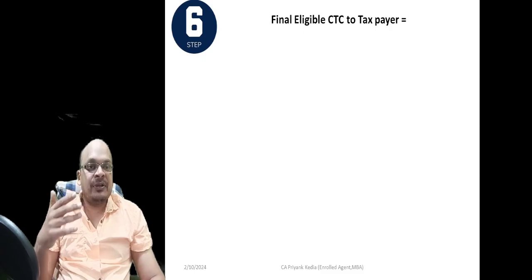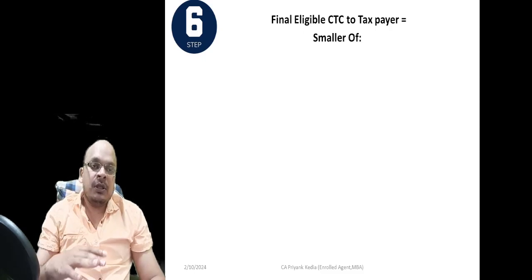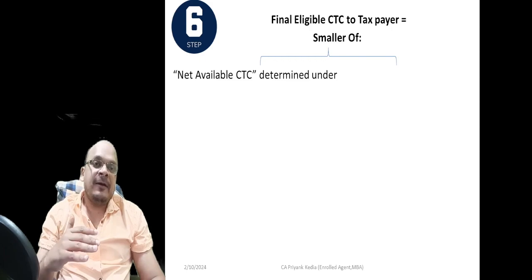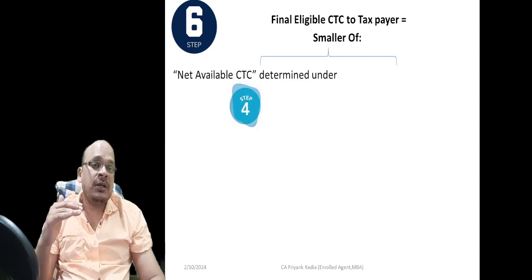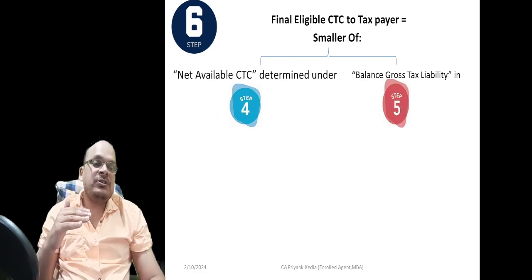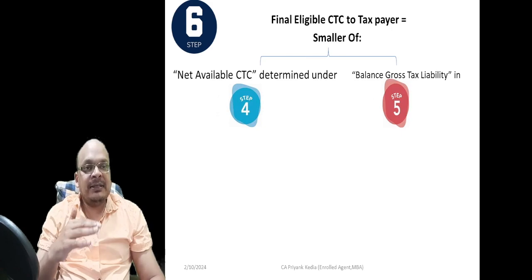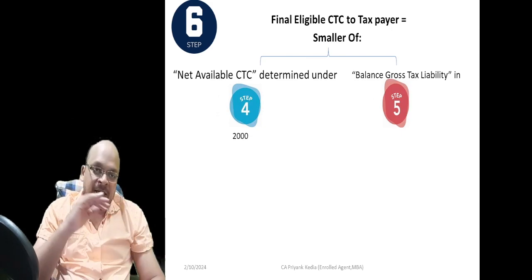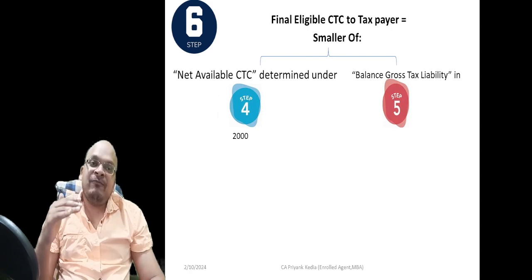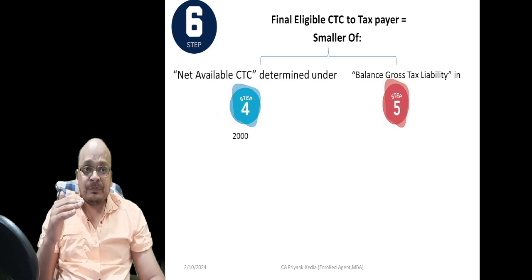The final step in calculating the final eligible child tax credit for a taxpayer is very simple. What you have to do is just compare the net available child tax credit after the phase out amount as calculated in step 4 with the balance gross tax liability as calculated in step 5, right, through credit limit worksheet A. And with our example, you can see that in step 4, our balance child tax credit after phase out was $2,000.